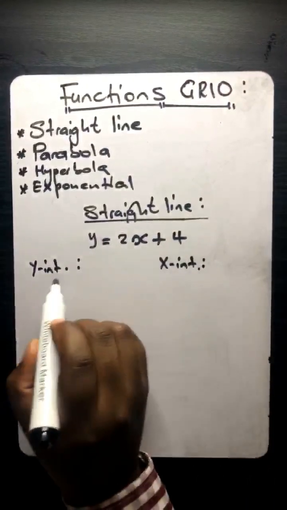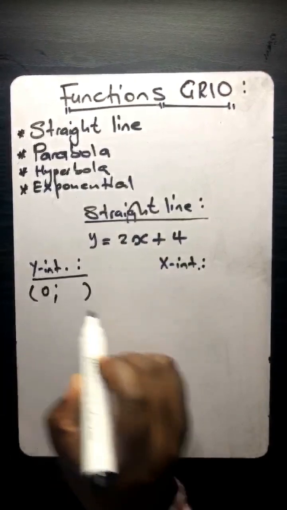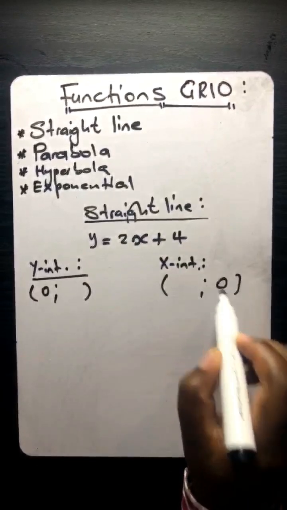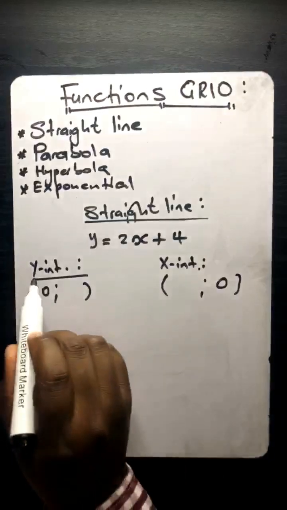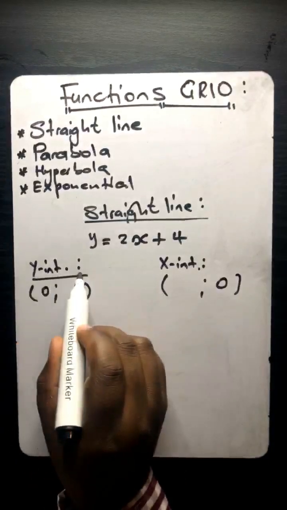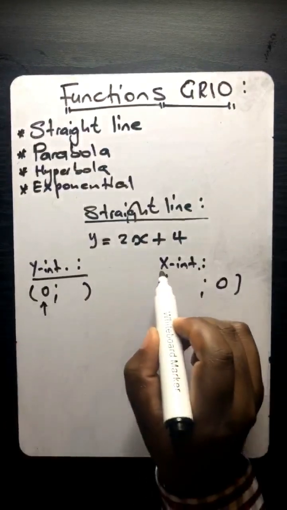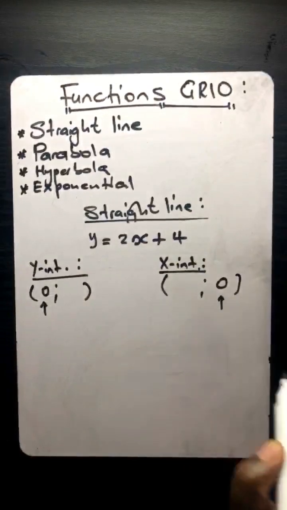And we know that at the y-intercept, that's where x is 0. At the x-intercept, that's where y is 0. It doesn't change. The moment you hear yourself saying the y-intercept, just know automatically x is 0. The moment you say x-intercept, just know automatically y is 0.